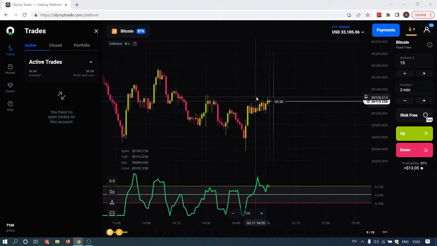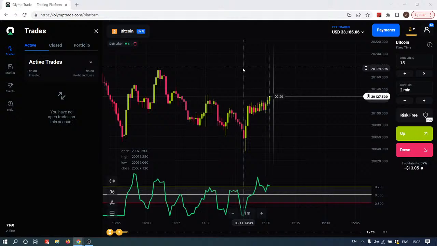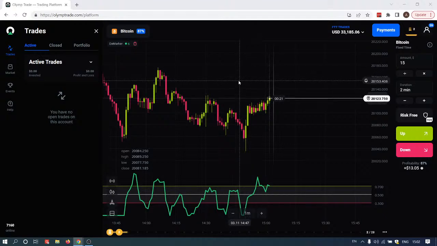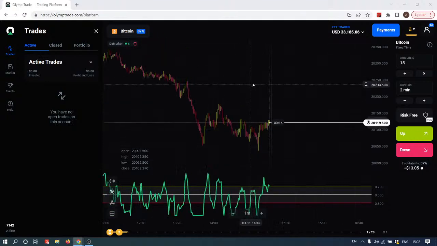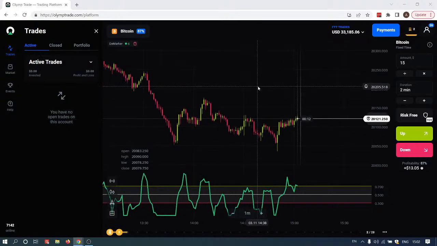Today I have a little bit of an unusual topic for myself, because I personally trade short-term trades, like 1 minute, 2 minutes, pretty rarely. But today's topic is the barcode strategy, which in its essence is based on 1 minute trades.